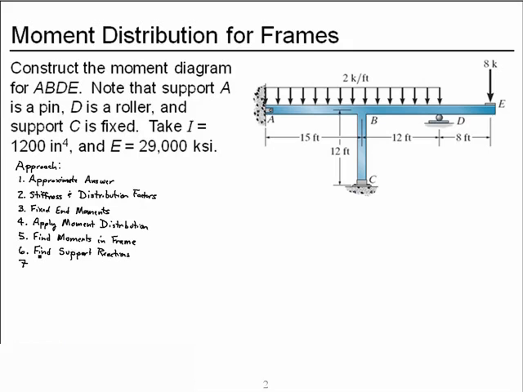And then we'll compare these support reactions with our approximate answer. That way we'll be able to judge the reasonableness of our results before we construct our diagrams. And we'll construct our shear diagram and integrate it to get our moment diagram.